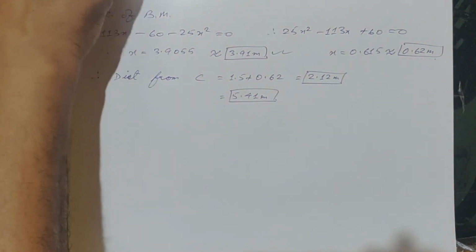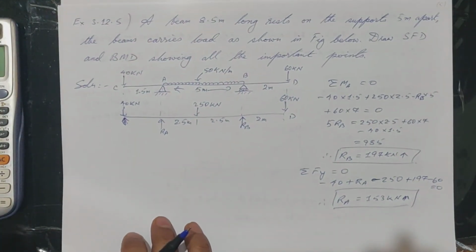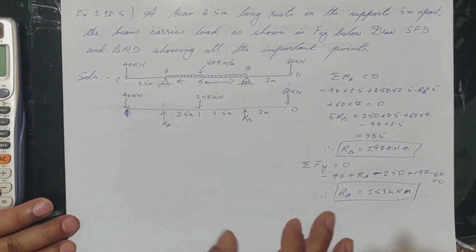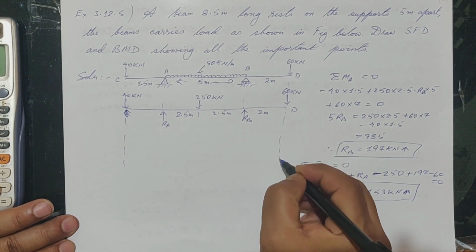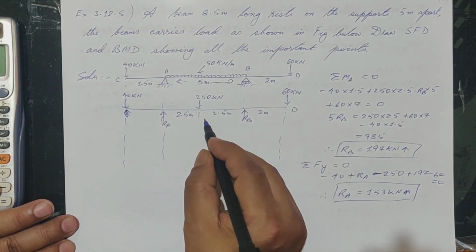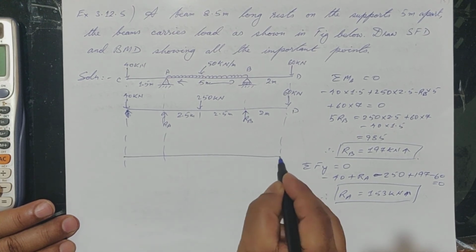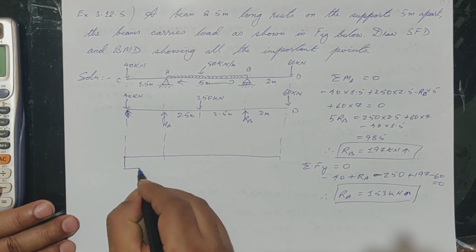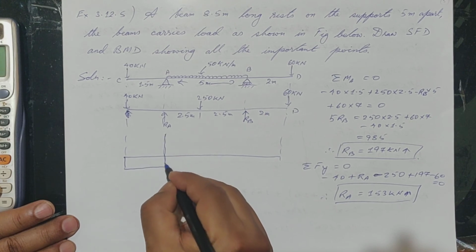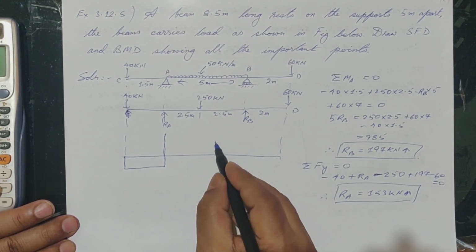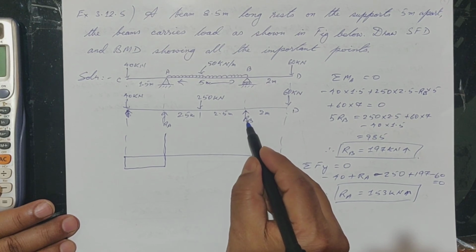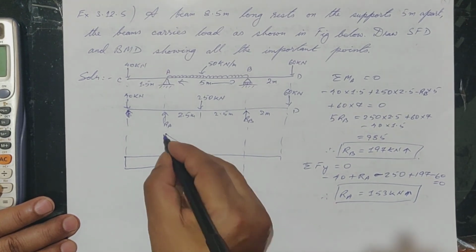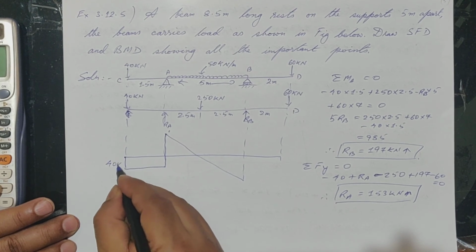Now we will draw the final SFD and BMD, keeping these points in mind. Now here we will drop this. We have drawn this. Now here we have negative 40, that is 40 kilonewton.